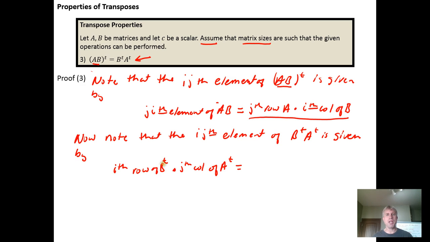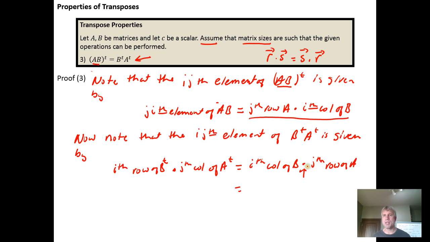So the ith row of B transpose is the same as the ith column of B, dotted with the jth column of A transpose, which will be the jth row of A. And then what we want to remember is that the dot product is commutative: if we have two vectors R and S, then R dot S equals S dot R. So we can take advantage of that to change the order.